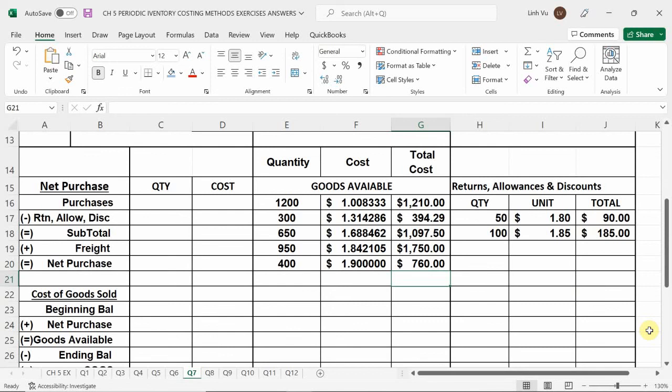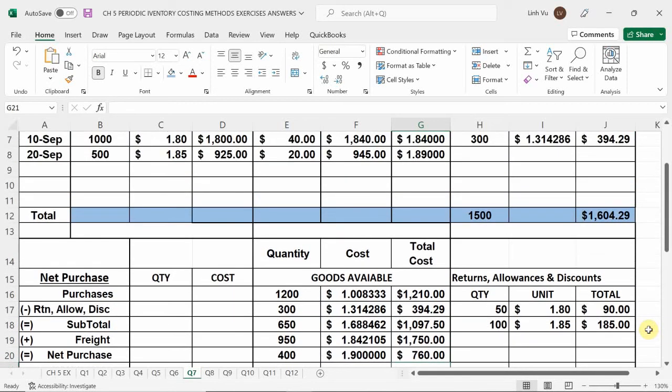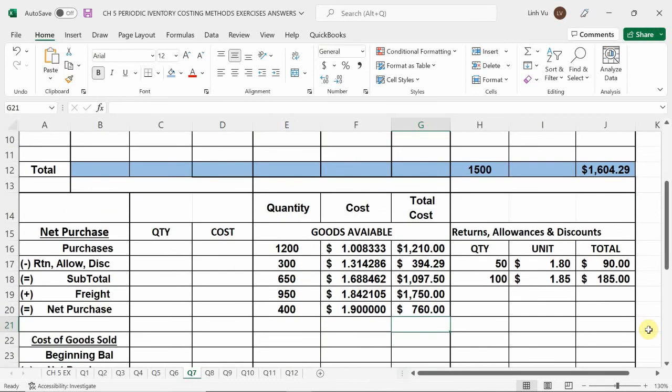So now I owe $760. Okay, yeah, $760. Right? Which actually will round you to an even number, $1.90 each. So not bad. Okay.